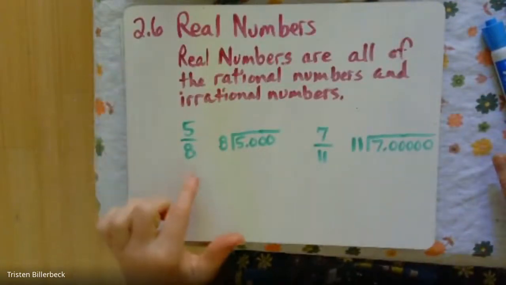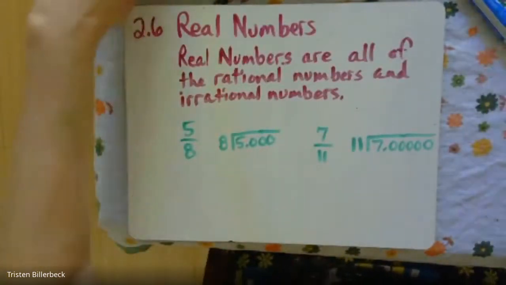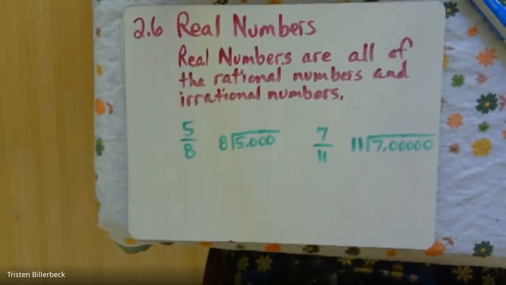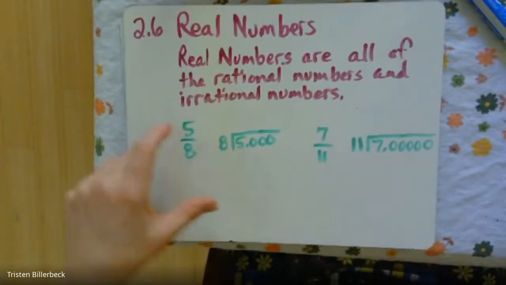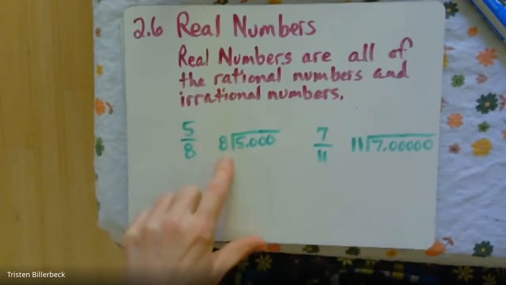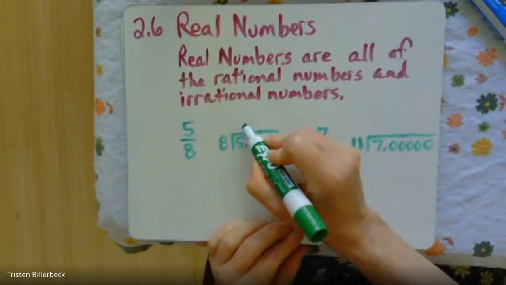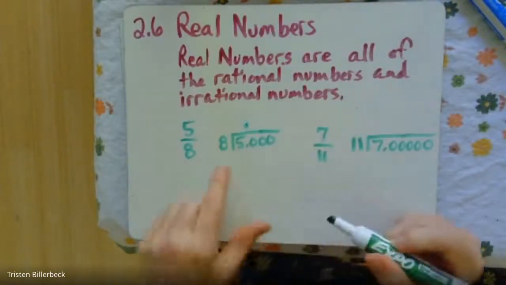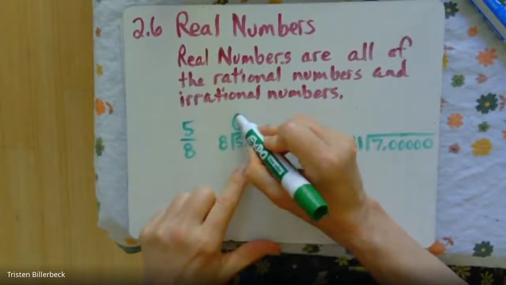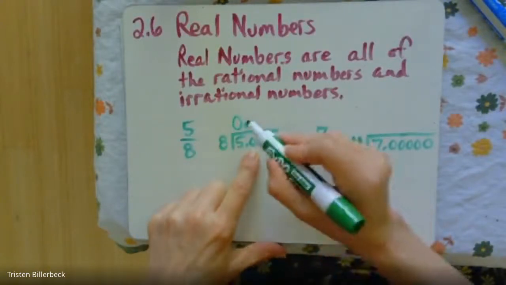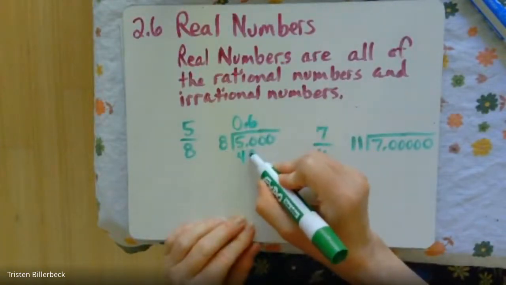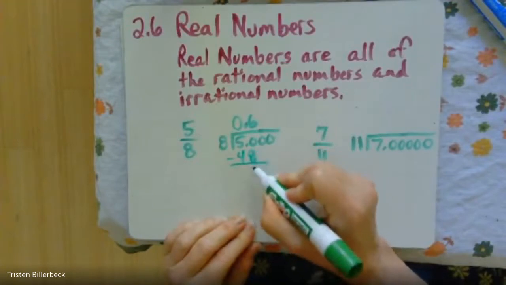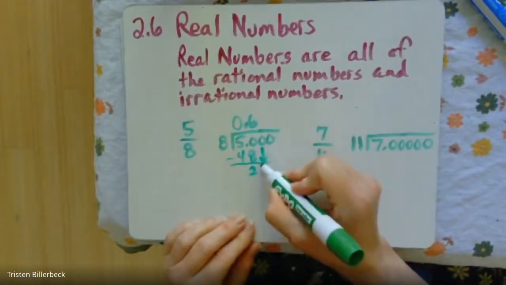So let's see what kind of decimal we're going to get here. If we always remember, the top number goes into the house, and the bottom number is on the outside. If we look at how many 8s are in 50? Well, that would be 6. So we have 48. We subtract, and we have a 2. We drop down the 0.